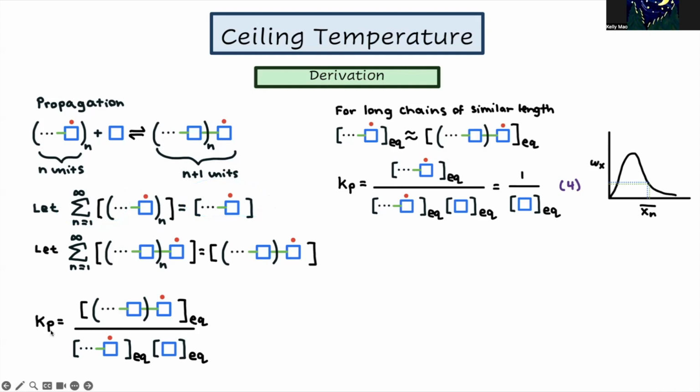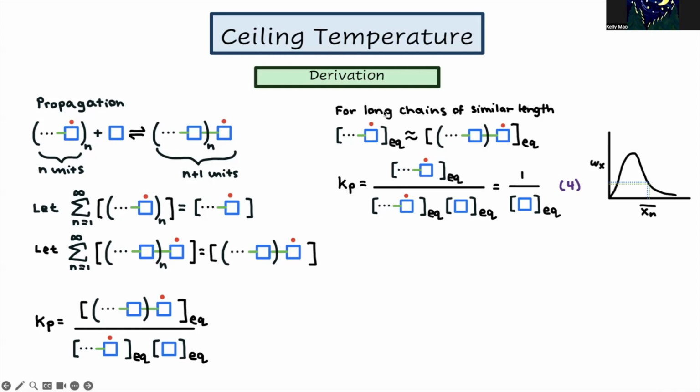The equilibrium constant for a reaction is the concentration of the products over the reactants. For the propagation reaction of all the radical chains, the equilibrium constant is the concentration of all the radical chains that have been grown by 1 monomer unit divided by the concentration of the initial length of the radical chains, as well as the concentration of the monomer.